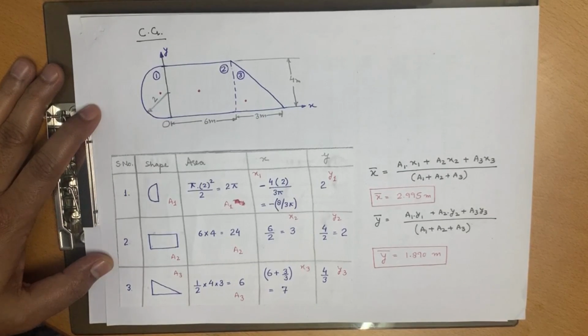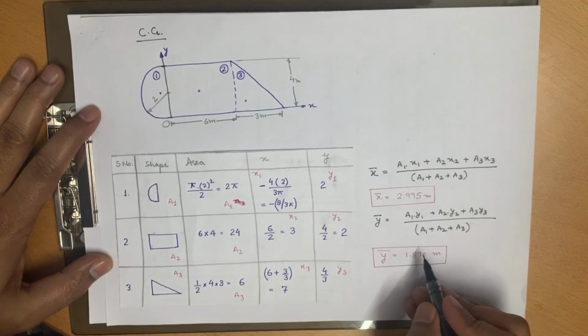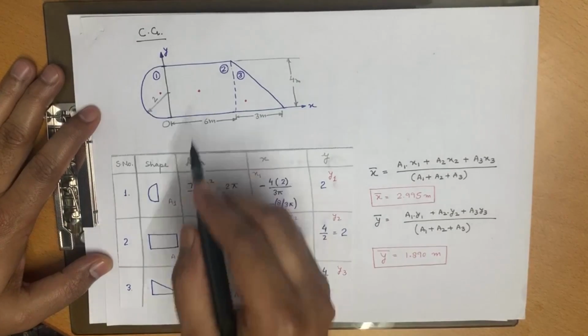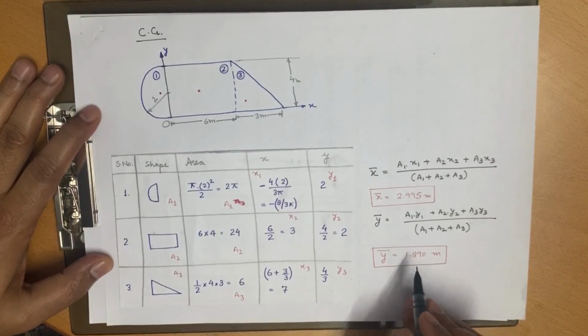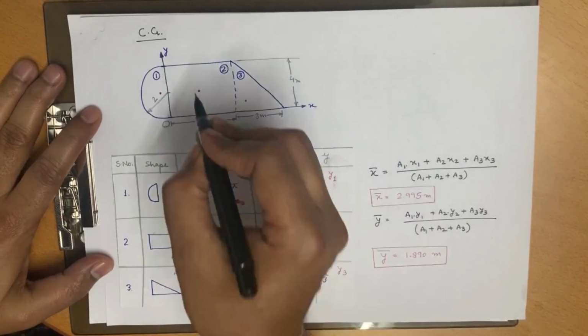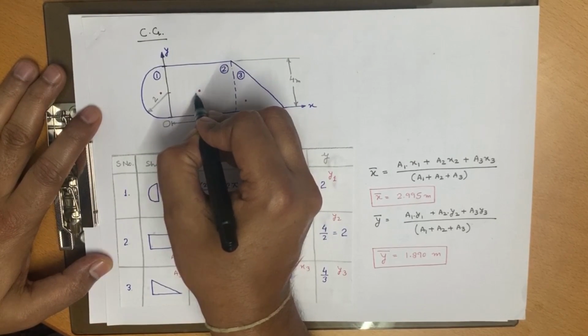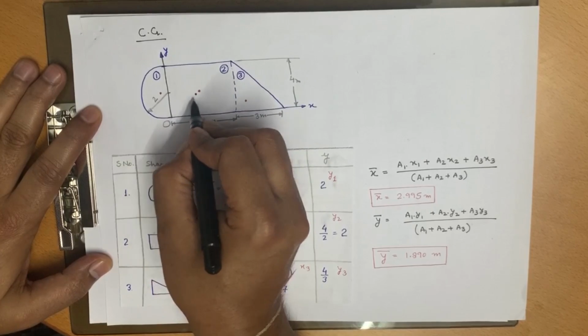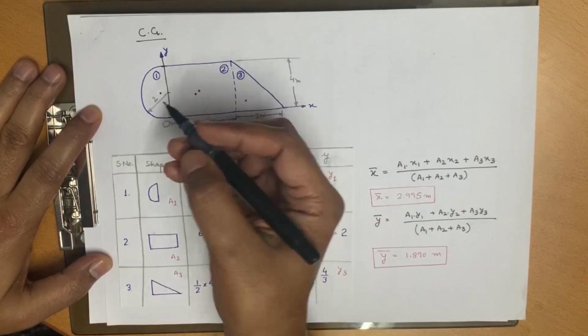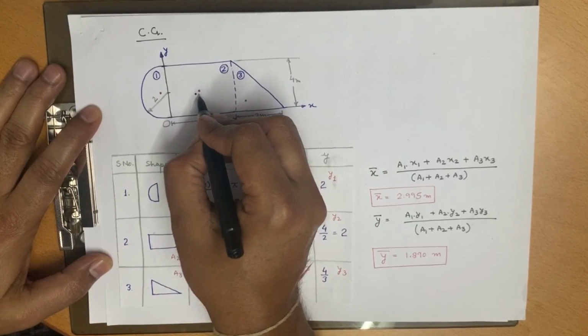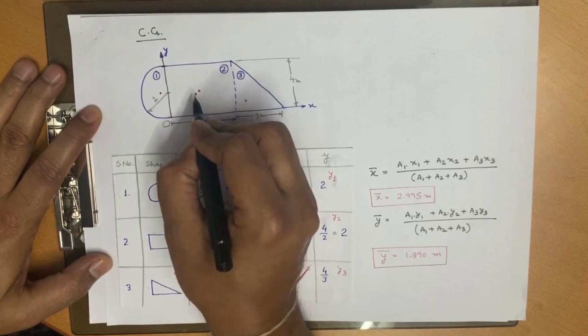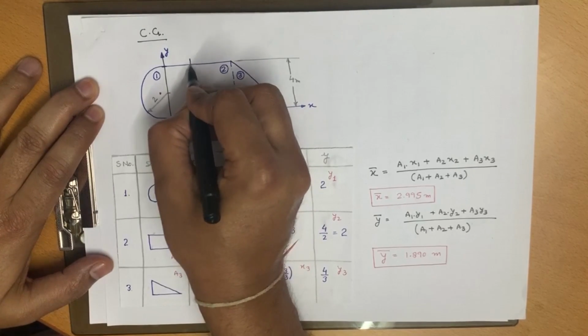So if I mark the location of centroid in this figure, it should come somewhere here, very close to this, because it is almost 3. 2.995 is almost 3.